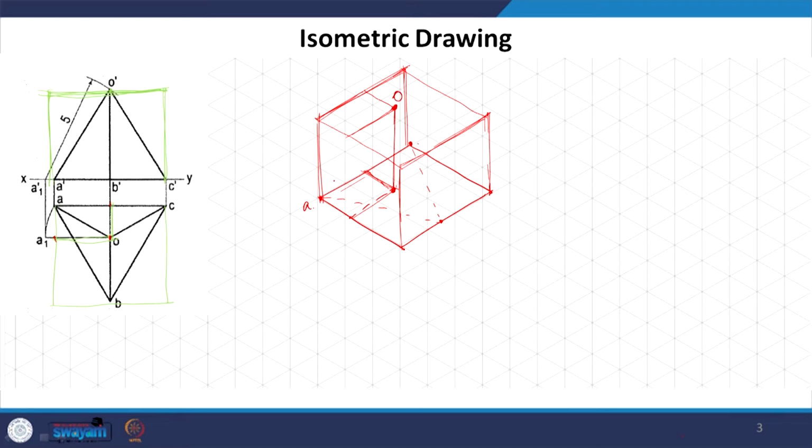And this is, say, A, B and C, and this is O. We have arrived at all the vertices of this pyramid, and all that we need to do now is join them. AO, OC, OB might not be as visible, but let us see, AC, and then we have this dotted line at the back. This is what the pyramid is going to be.